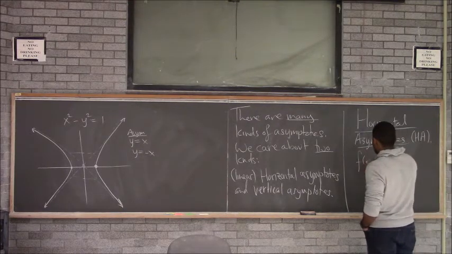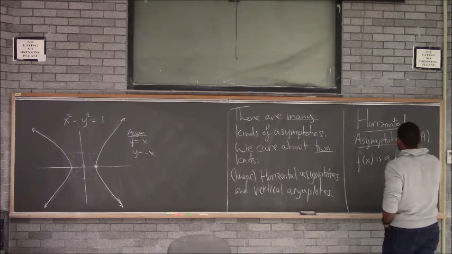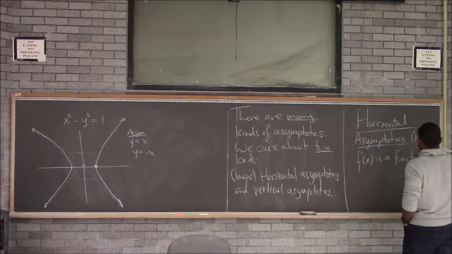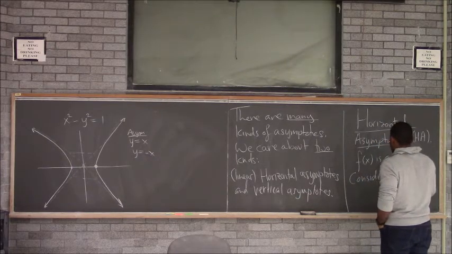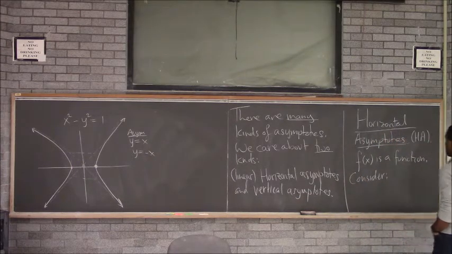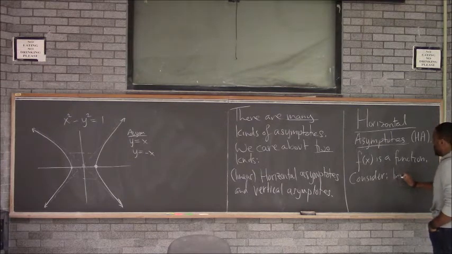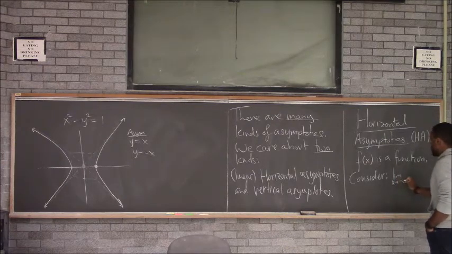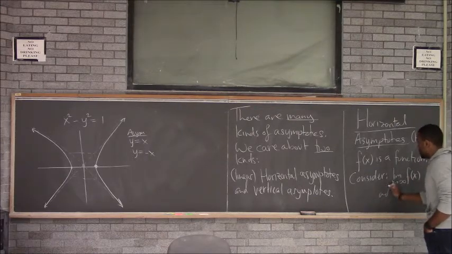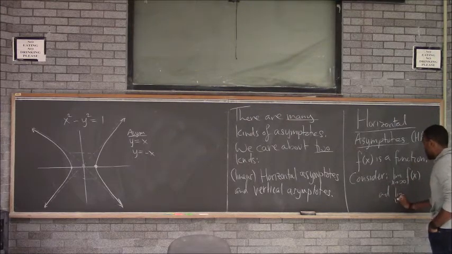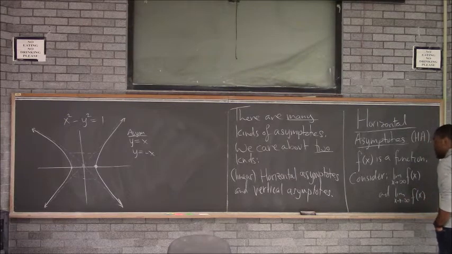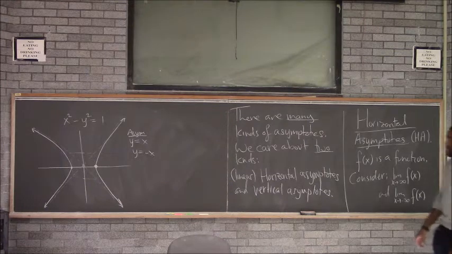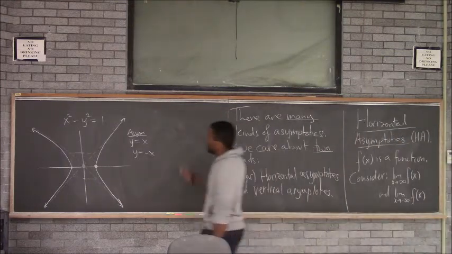So f of x is a function. Consider these two limits. The limit as x approaches infinity of the function, and the limit as x approaches negative infinity of the function. Now it might seem like forever ago, but we did do limits in an extensive sense.